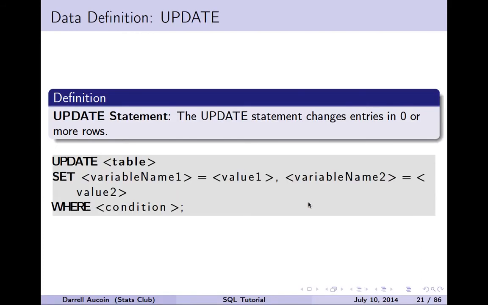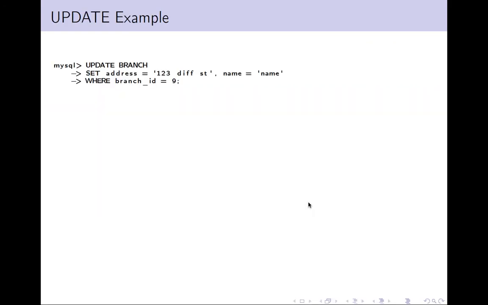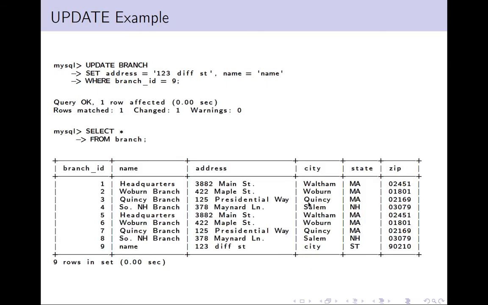We could also update tables, set variable to value, and our where condition basically says where we want it inserted, like for what rows. For instance, we change it up here, where branch equals 9, update the branch, and let's just change the street address to a different street.